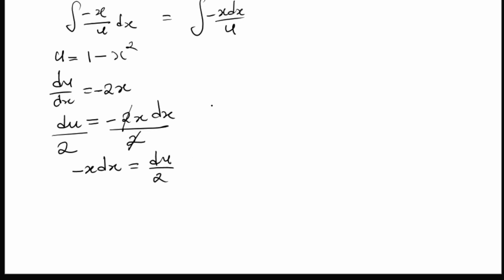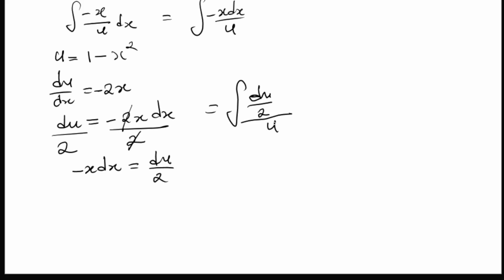So you simply have your new equation in this manner: the integral of, remember you are representing minus x dx with du over 2, so here you have du divided by 2, divided by your u here.